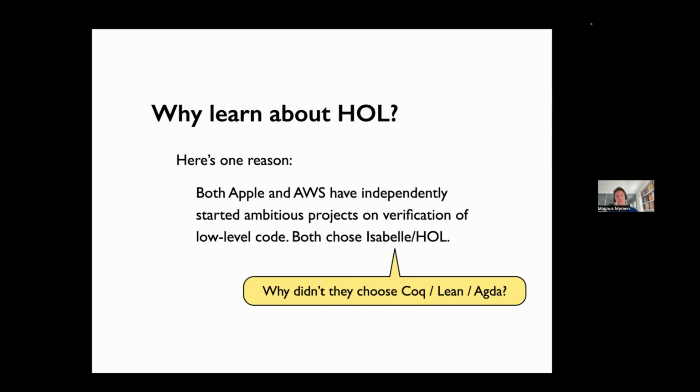This is a motivation to learn about HOL, because clearly they must have done some weighing up and chose HOL instead. By the way, I don't know why they chose one or the other. I'm not associated with either of those companies, but I can make some guesses.